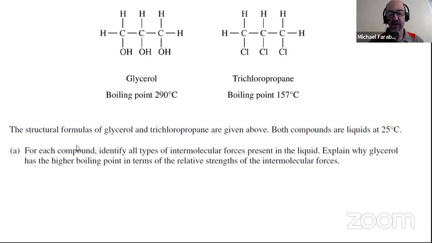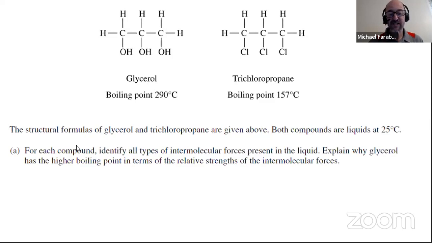Both compounds are liquids at 25 degrees Celsius. For each compound, identify all types of intermolecular forces present in the liquid and explain why glycerol has the higher boiling point in terms of the relative strengths of the intermolecular forces. Now, we had just talked about HF in the last question involving hydrogen bonding.